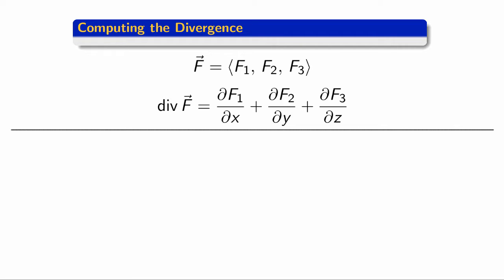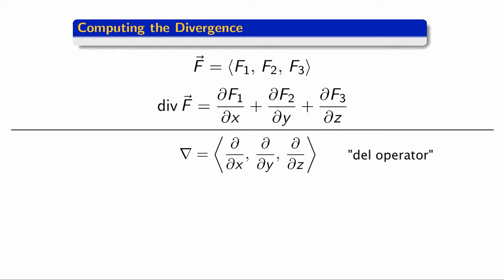There is another common notation for the divergence involving the del operator, which uses vector notation and places the partial derivative operator with respect to x in the first component, with respect to y in the second component, and with respect to z in the third component. This is not really a vector, but we can pretend like it is and compute the dot product del dot f, interpreting multiplication as the act of computing the derivative.